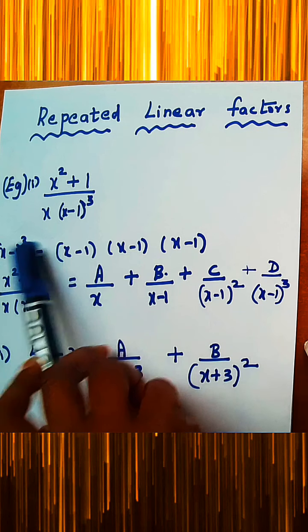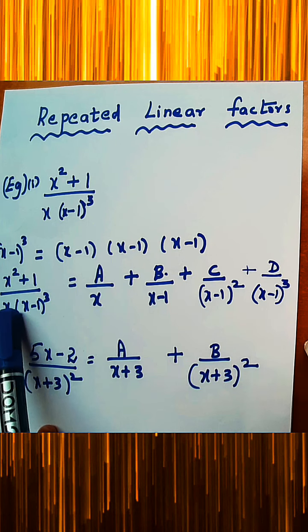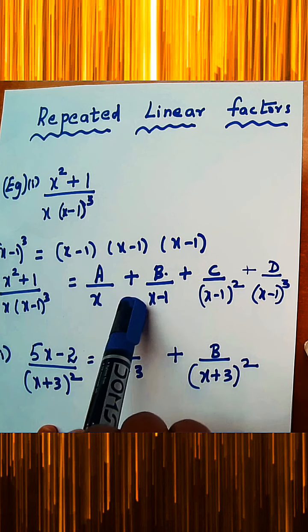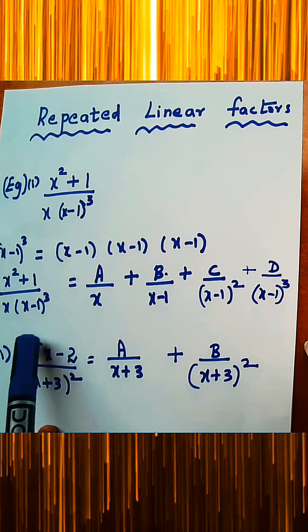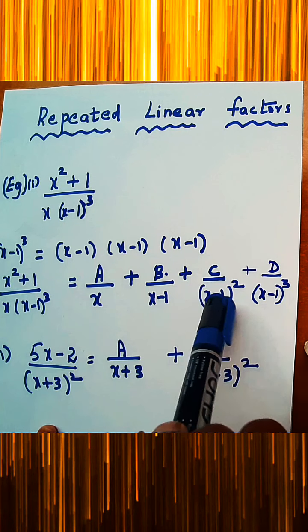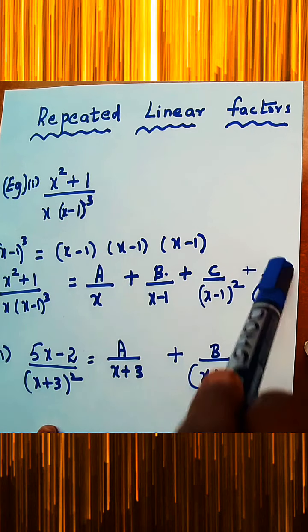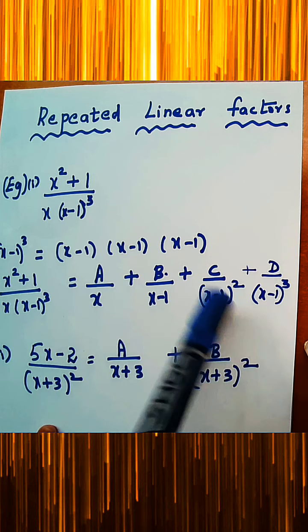So x square plus 1 divided by x times x minus 1 the whole cube can be written as: one factor is x, so a divided by x, plus b divided by x minus 1, taking the first factor, plus c divided by x minus 1 the whole square, plus d divided by x minus 1 the whole cube.